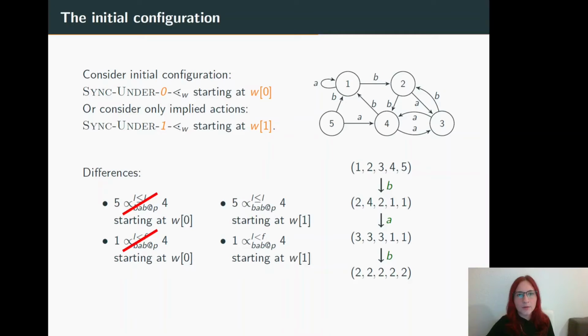We always start with the whole set of active states, and one can argue now whether we want to take this initial situation into account, meaning that already this fixed situation implies some constraints on the sets we can or must reach, or whether we want to consider only the actions really implied by the letters we read. So now we have defined everything we need to state our results.